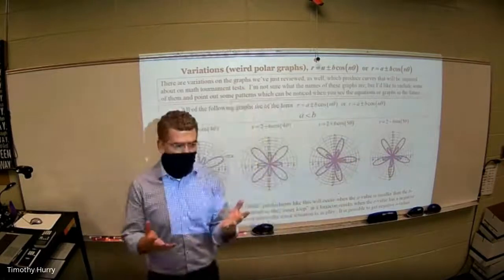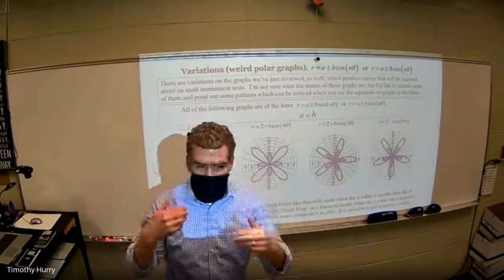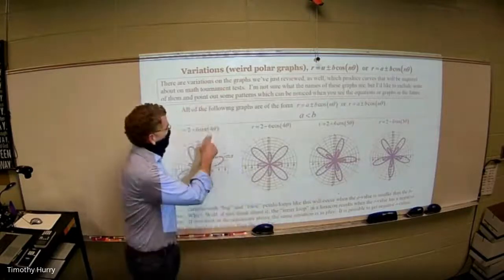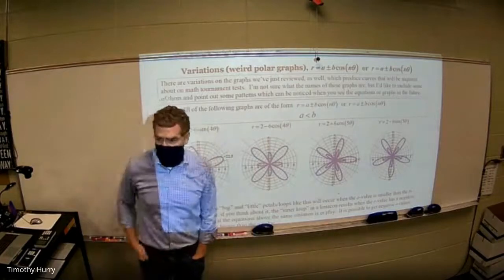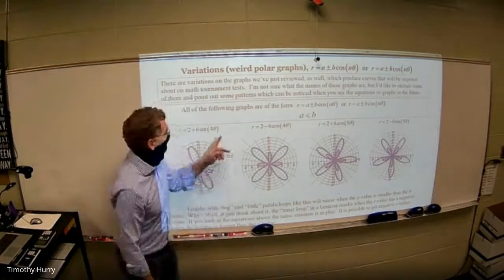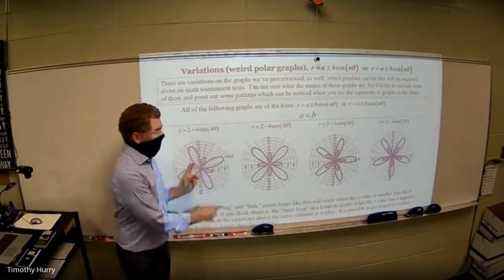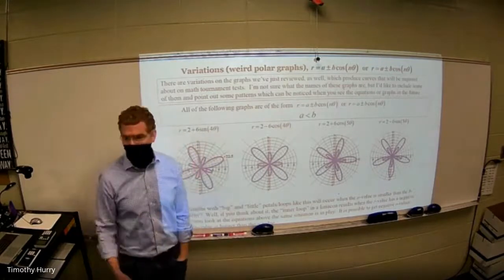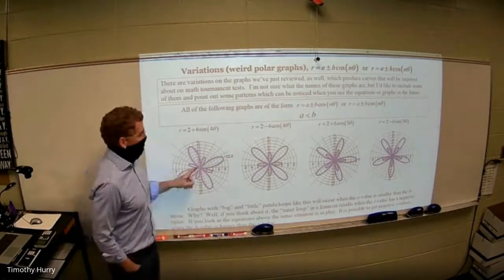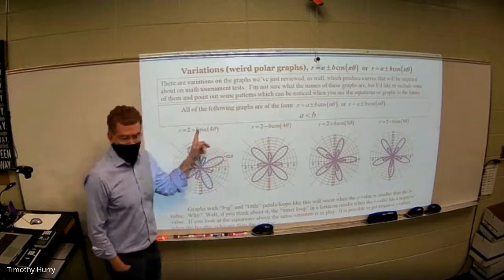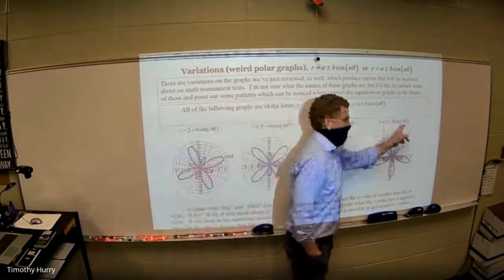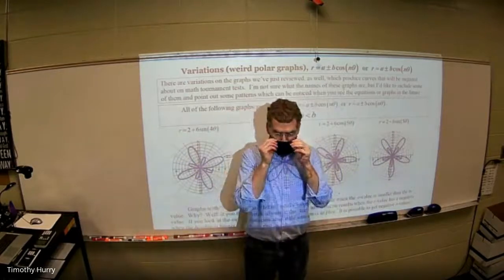But I thought of something that might help you link this to what you already know about rose curves. Do you remember how in rose curves, if it was even, you had twice as many petals, right? And that's still true. I do have twice as many petals, and they're all in different locations like it would be on a rose curve. So I can still think the same way, but I can find the first big petal by thinking like we did yesterday, where would this be maximized? Now, remember on rose curves with odd numbers, how many petals did we have?